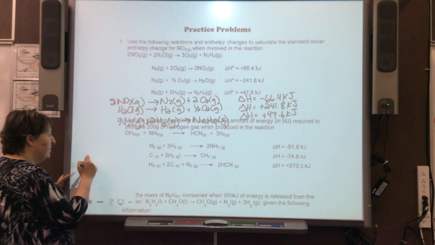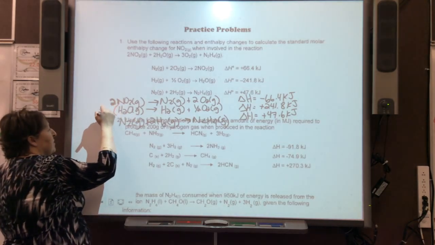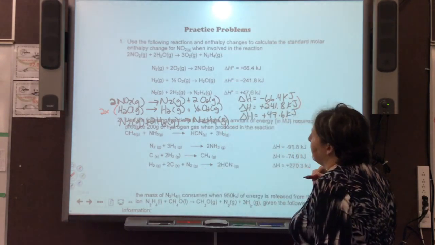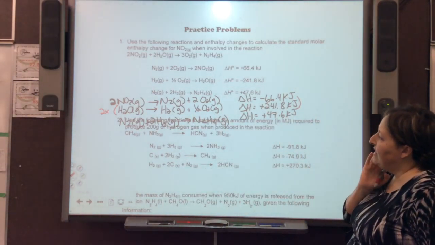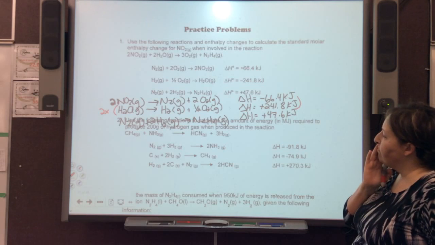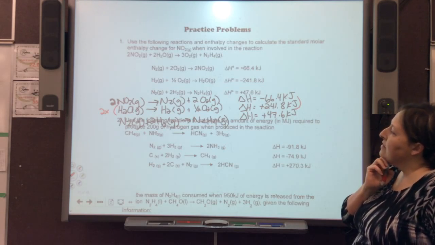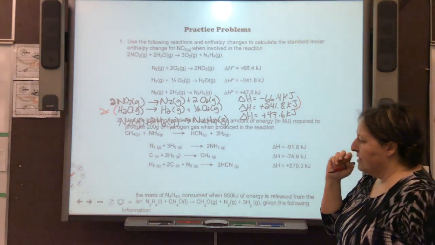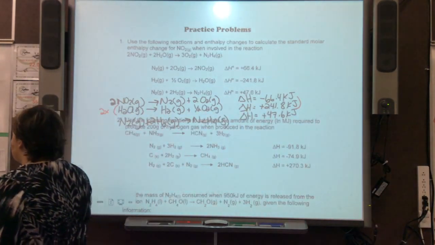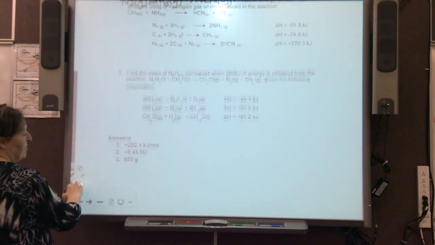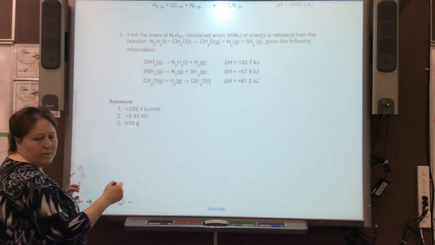The whole thing, all the way over to the enthalpy. Okay? Anything else that we need to change? Let's just move this down so we can see it a lot better.